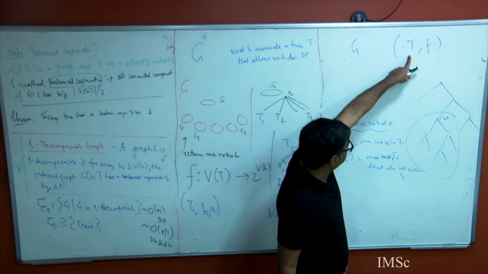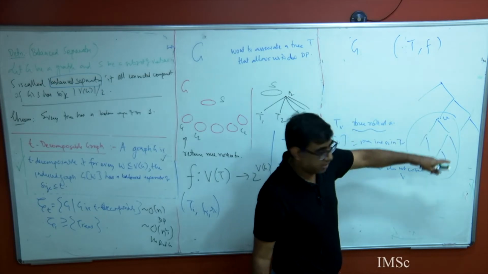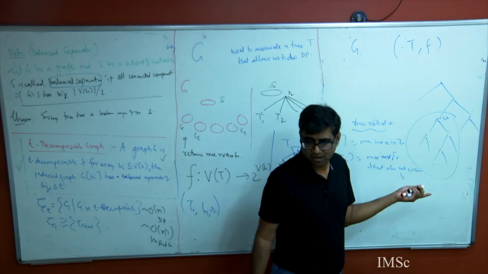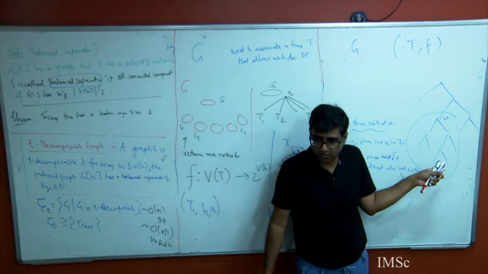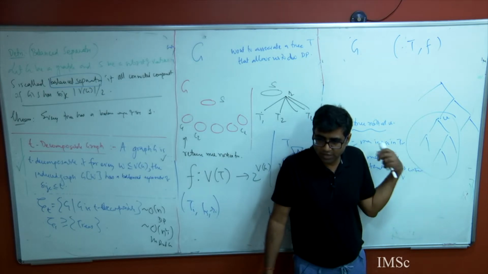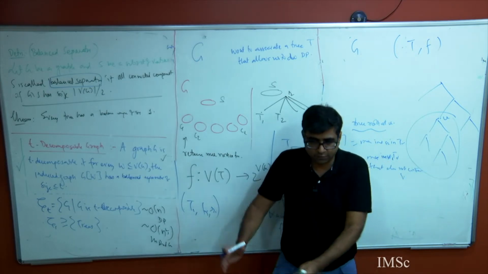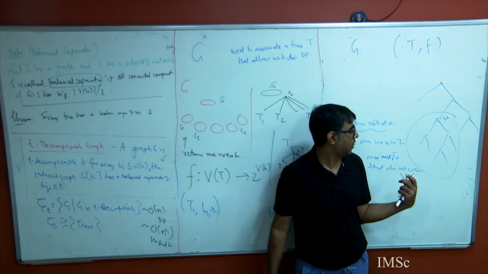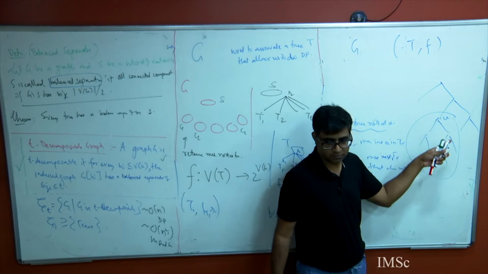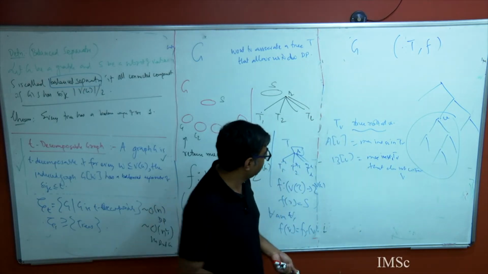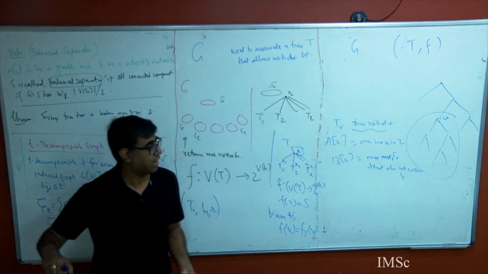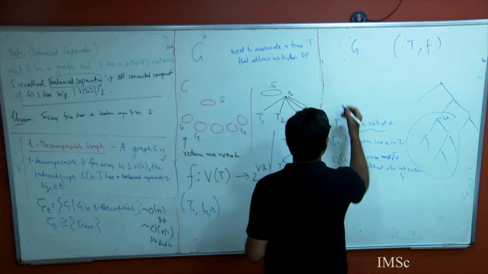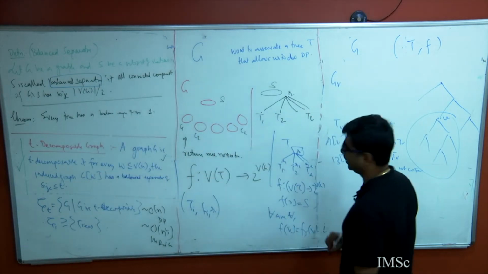But now, suppose this is a tree. What is TV? This is not the graph which we are interested in, so we need to associate some portion of the graph to this tree. What's the natural way of associating a portion of the graph to this vertex? Well, it's very canonical. What is GV associated at TV?